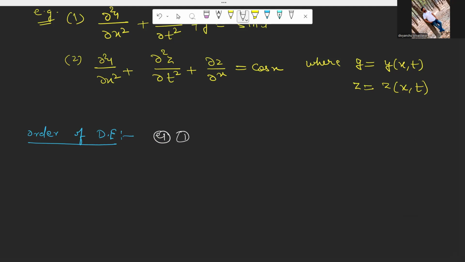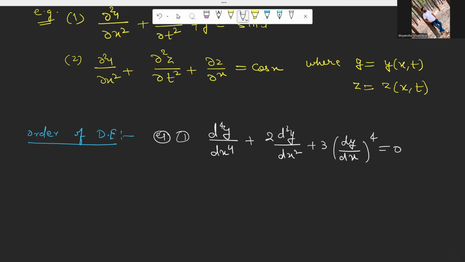First, take d to the power 4 y upon dx to the power 4, plus 2 d2y upon dx square, plus 3 (dy upon dx) to the whole power 4, which is equal to 0.